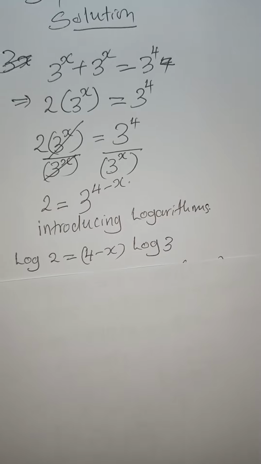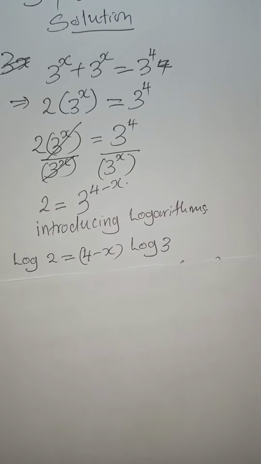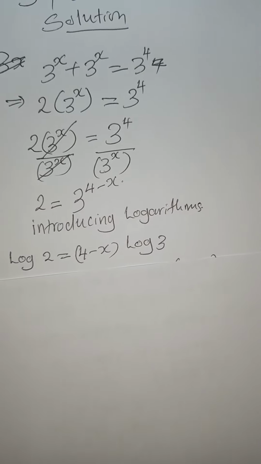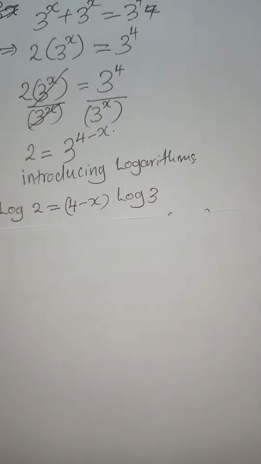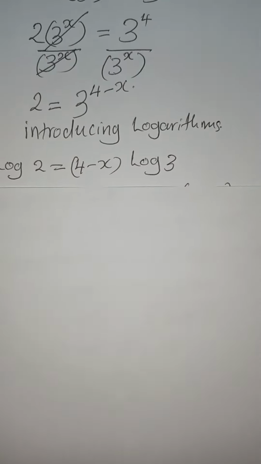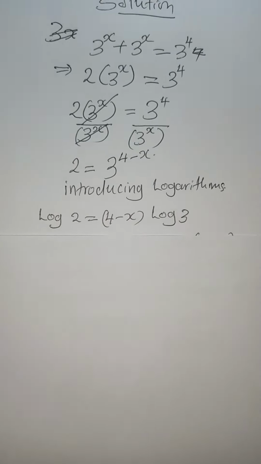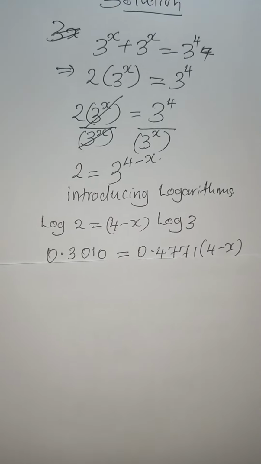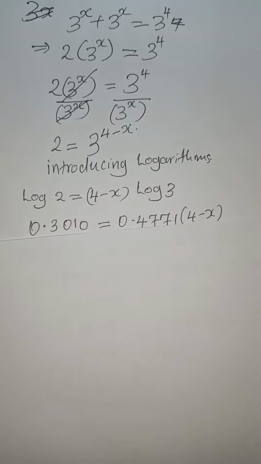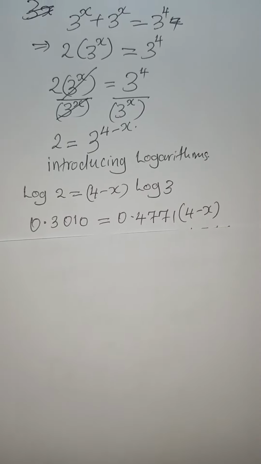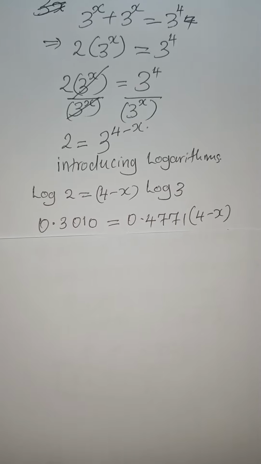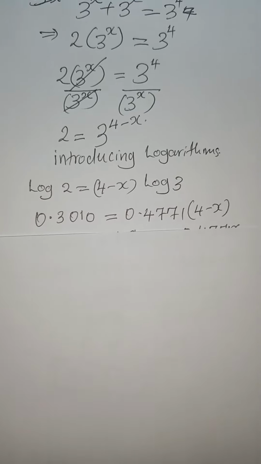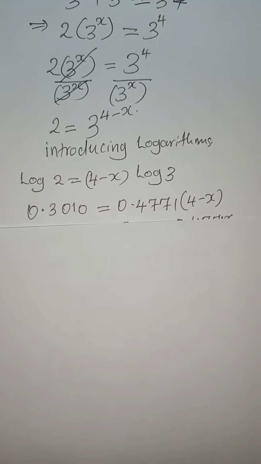From the laws of logarithms and indices, when you are converting an index to a log, then the power is pre-multiplied by the log of the same number. So log of 2 is giving us 0.3010, and the log of 3 is 0.4771.